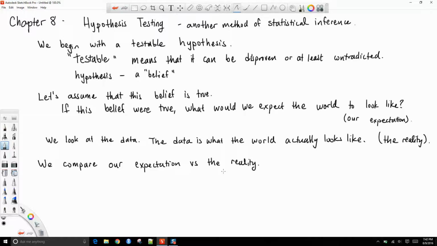And if the reality, if the data matches very closely to our expectations, then we have no reason to doubt our set of beliefs, okay?